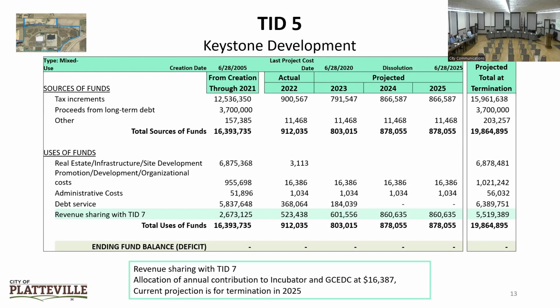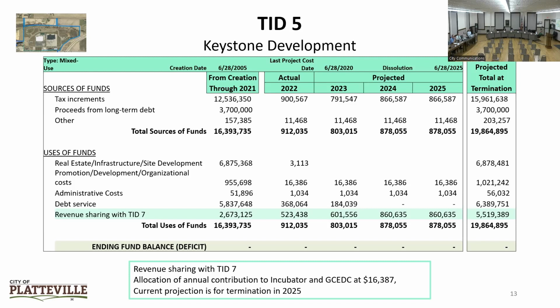TIF 7 was struggling, and so an amendment was made so that TIF 5 could share its excess increment with TIF 7. The excess is all of the revenues minus the standard expenses, and what's left can go to TIF 7. For 2022, that number was $523,438, and you can see how it's projected out through the rest of the years.